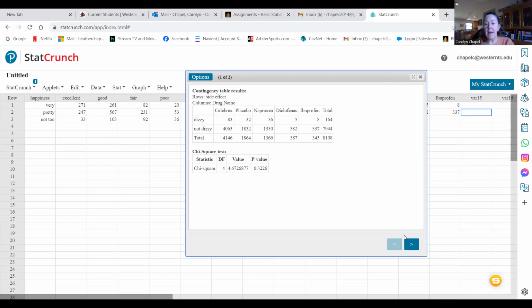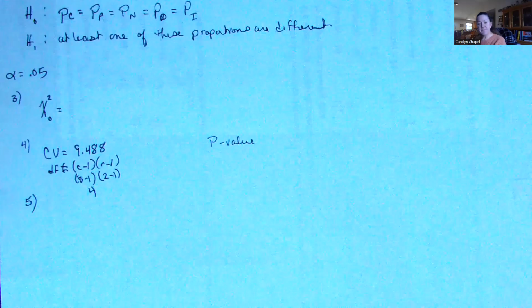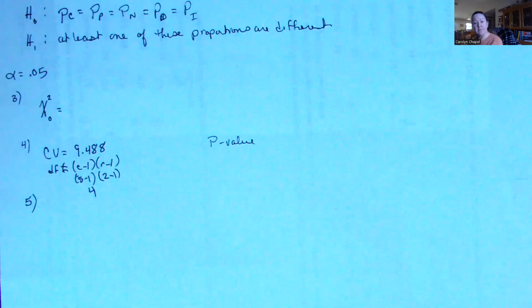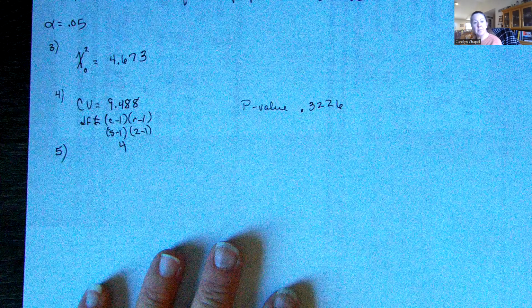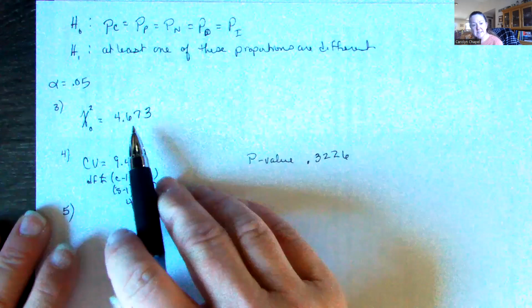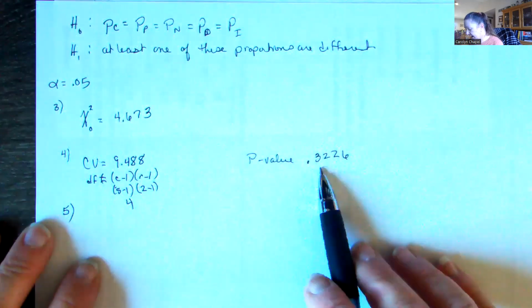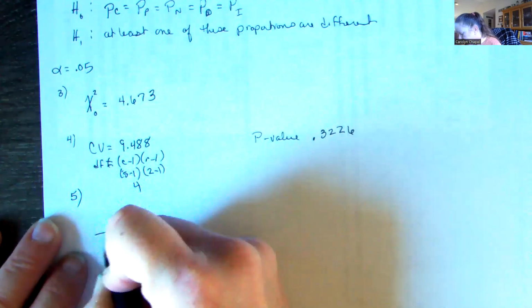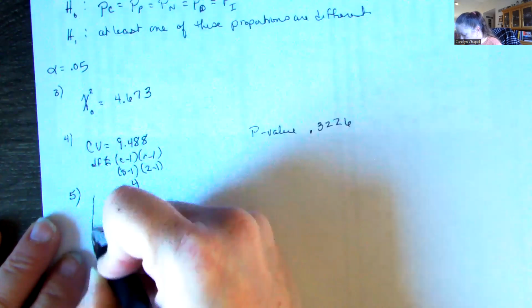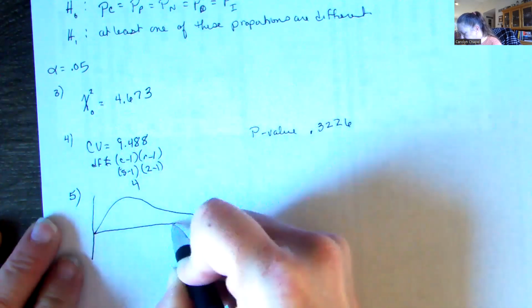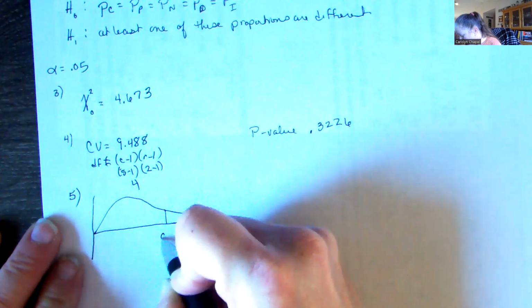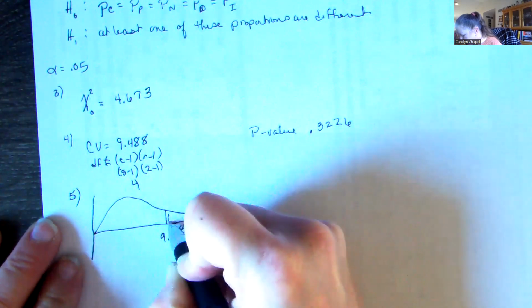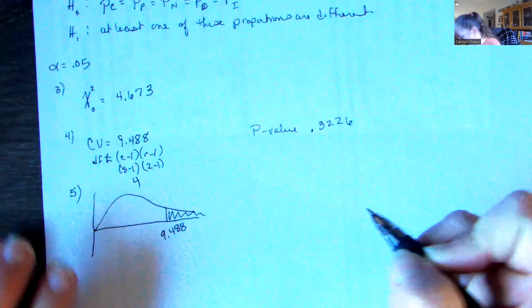All right, so there's all the information I need. So I'm going to go back to our guided notes and let it refresh here for a moment. There we are. So there's our test statistic. Here's our p-value. Again, depending on how you wanted to make your decision, if you were looking at the picture, the critical value sets up the critical region.